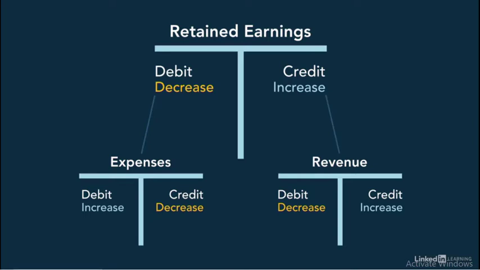Finally, we stated previously that owners' equity accounts will have credit balances. However, expenses, a component of retained earnings, will almost always have a debit balance. Since revenues will usually exceed expenses, the net effect on retained earnings will result in a credit balance.